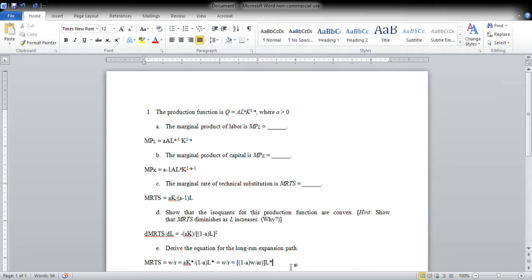We don't have real numbers, so we can't really do the equation, but this is what it looks like.